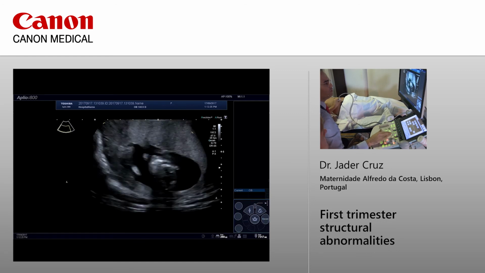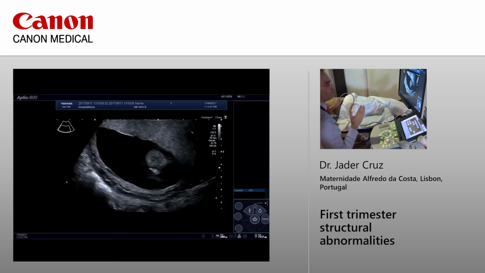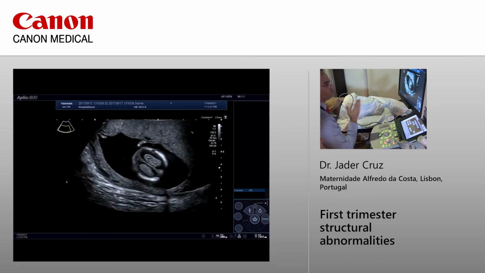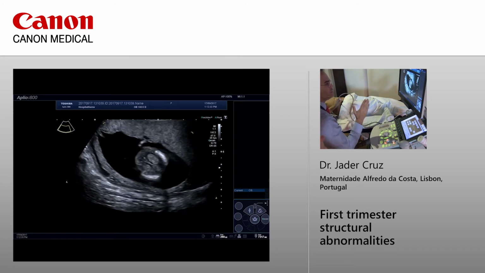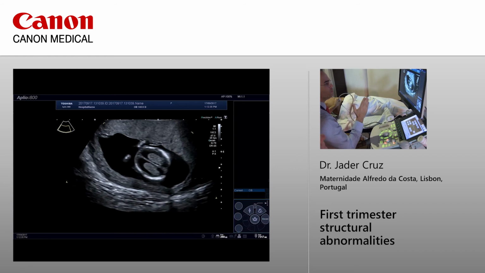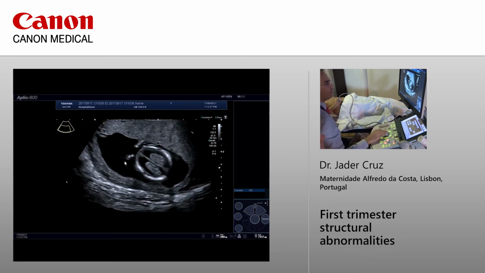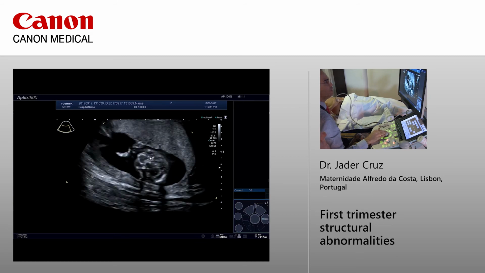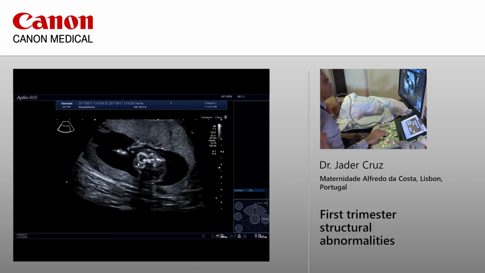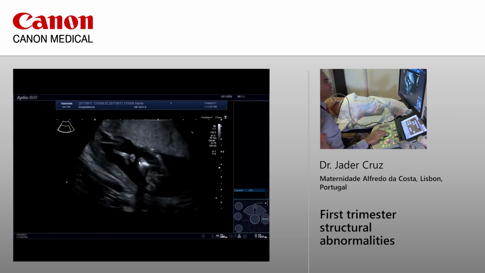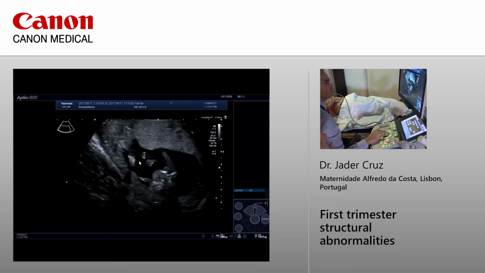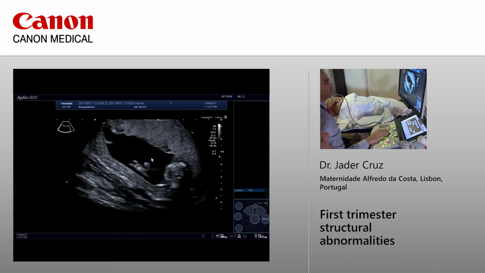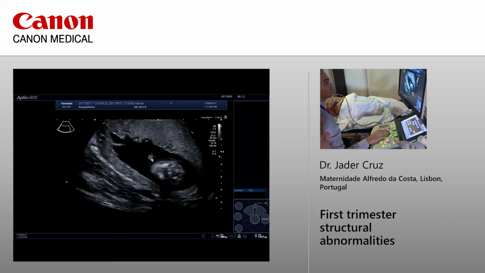As I told you, we always start from the top of the head, and in a very slow movement, we just scroll to the bottom. You see the skull, you see the brain inside. We go to the eyes, and then we move to the palate. Well, trying to show you here if the baby remains in the same position or not. That's live scan. That's why it's called live scan.